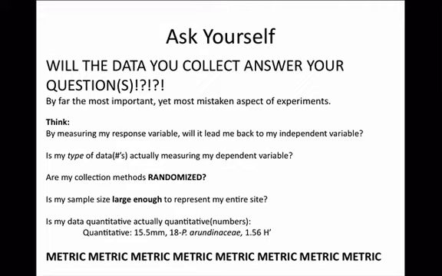Then also, for the data that's collected, in this case I want it to be quantitative, so it's got to have numbers. For example, if you're measuring water depth, 15.5 millimeters, or there are 18 Phalaris arundinacea, which is a plant species, though I think I got that name wrong.